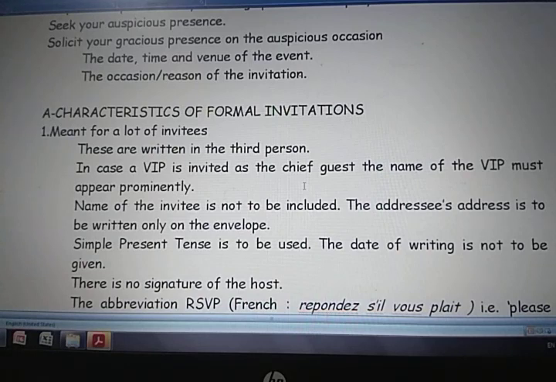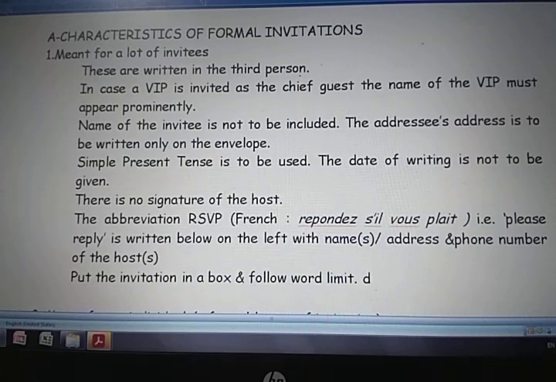In invitations, you should write in third person. Third person means what? You should not write I. You should not write you. Everything should start with what? Request the so and so, Mr. and Mrs. N. Rao. Request like that. I should not write I request. Clear? And next.